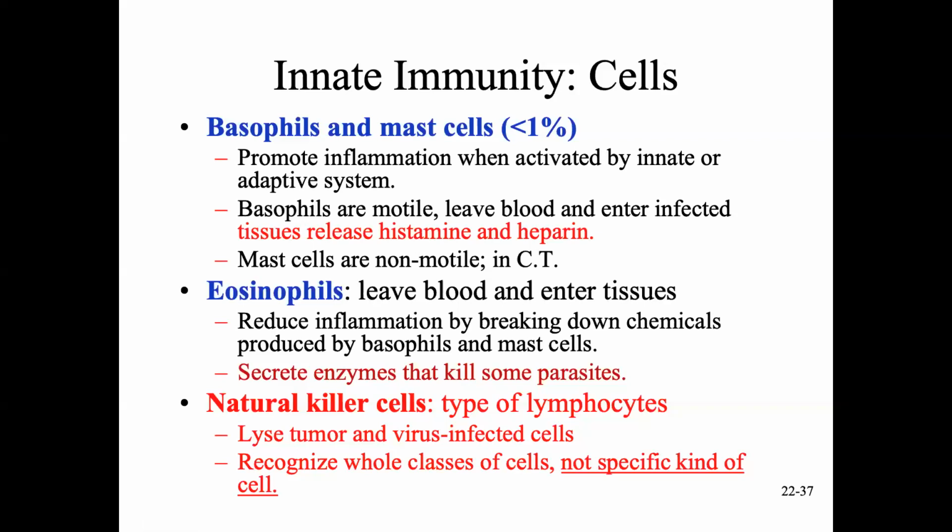Doesn't matter if this infected cell in our body is infected with measles or mumps or coronavirus. As long as you have a cell that's been infected with any virus, it causes the cell to slightly change. As it causes the cell to change, NK cells can go around and kill those cells now, right?